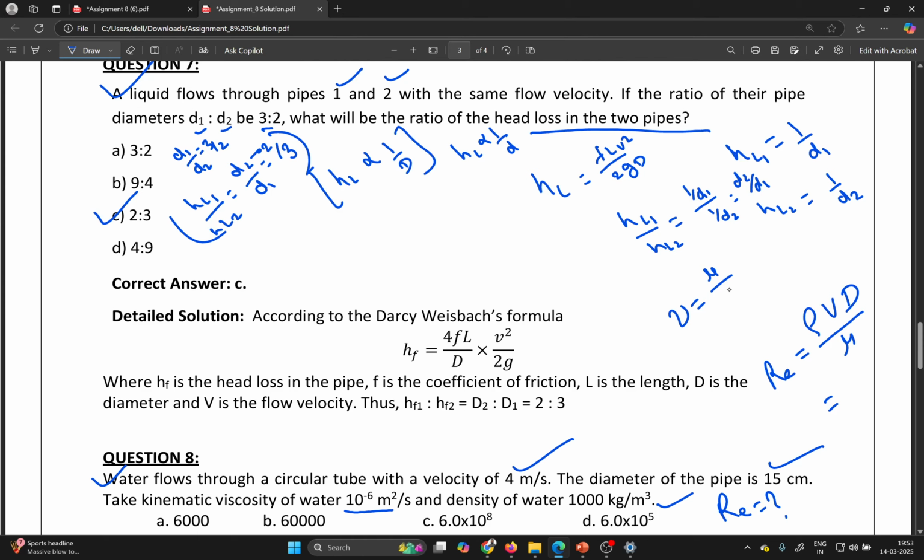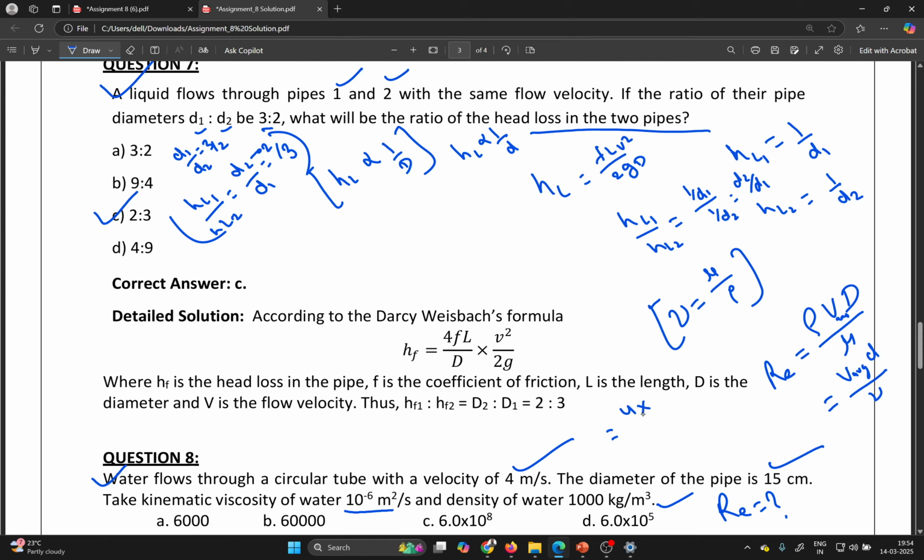Remember please, sometimes you get confused whether it is in the numerator or denominator. So your formula uses the average velocity, the diameter of the pipe, and the kinematic viscosity. Now you have to put in the values.